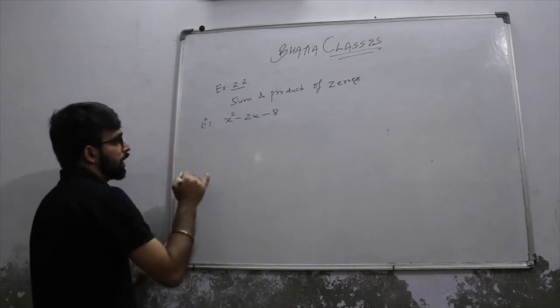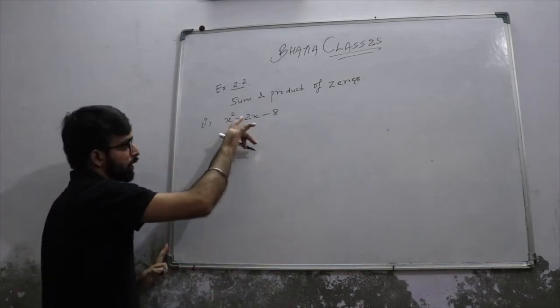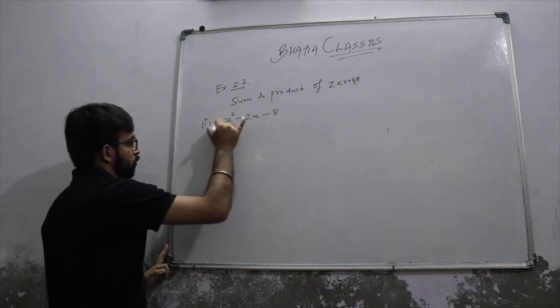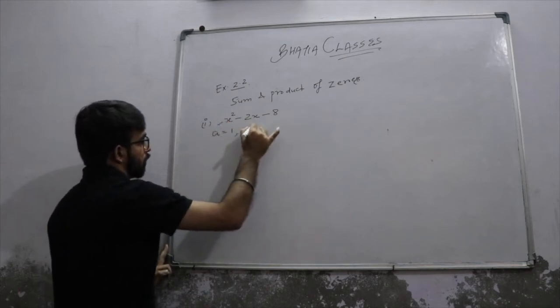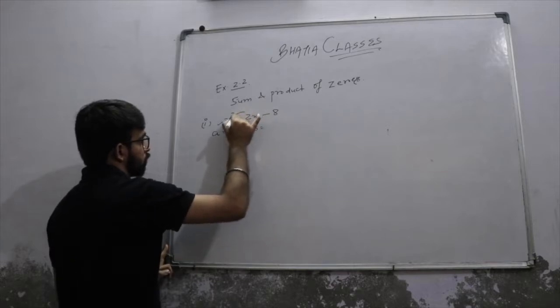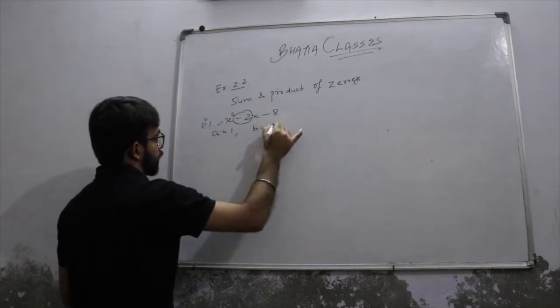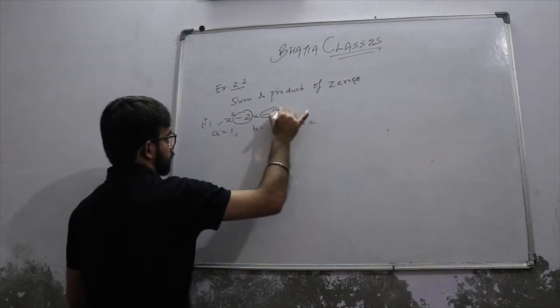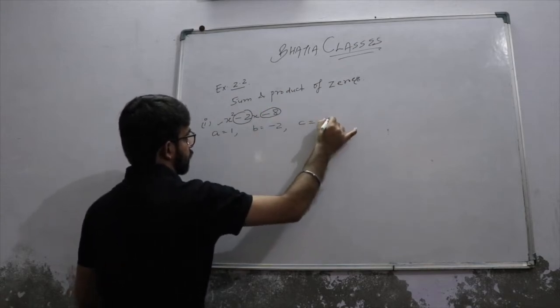Firstly, you have to write the coefficients of x squared and x. These are termed as a is equal to 1, b is equal to minus 2, and this constant quantity is known as c.